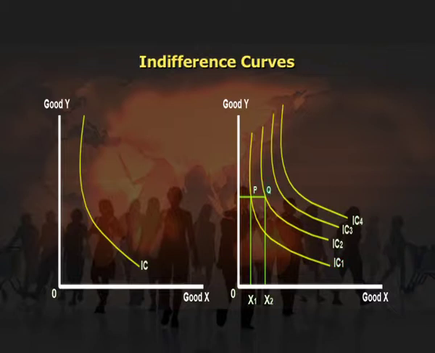In this diagram, point Q on IC2 represents a larger amount of X than point P on IC1, due to which the consumer will prefer to be at point Q. Therefore, indifference curve analysis states that an IC which lies farther from the origin O represents larger combinations of goods X and Y, and hence it will provide a higher level of satisfaction than an IC which lies nearer to the origin. This diagram represents the indifference curves.